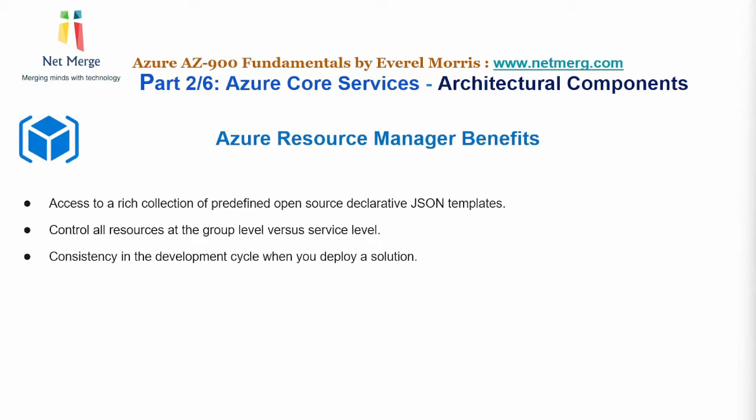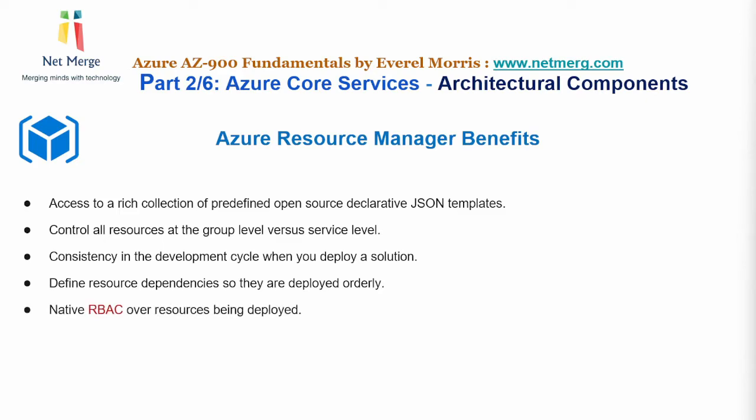You also get consistency in the deployment cycle when you're deploying a solution. You get defined resource dependencies so that they're deployed in order. So if you have one resource that's relying on another resource, you'll get them deployed in order so there won't be any inconsistencies. You get native role-based access control of resources being deployed with the ARM.